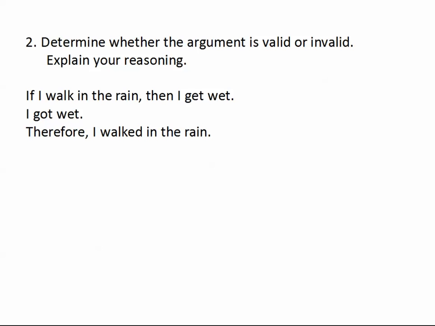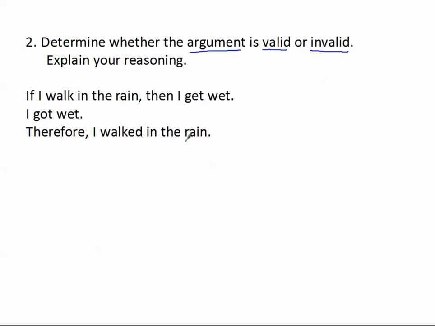Let's look at an example. Determine whether the argument is valid or invalid. Explain your reasoning. If I walk in the rain, then I get wet. Now remember, this statement doesn't have to be true or false for the argument to be valid. We want to see the way that the argument is constructed. I got wet.